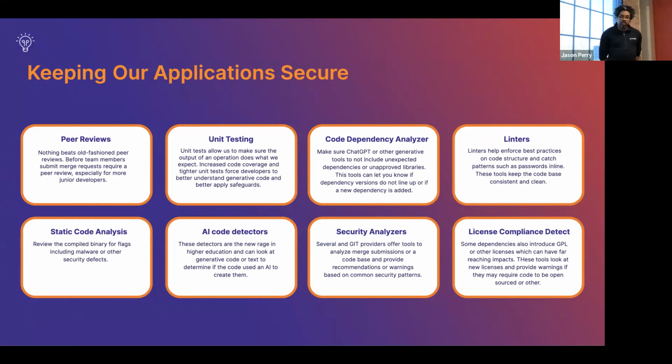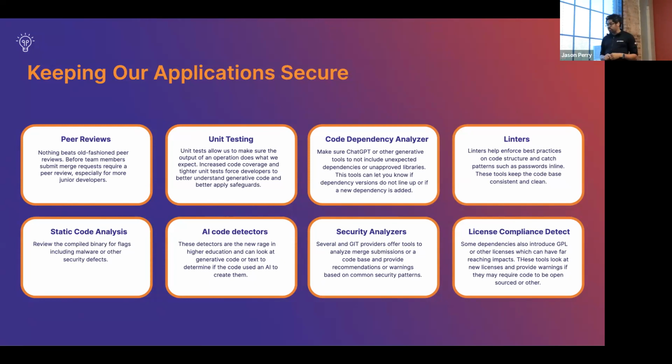Another thing that I find to be incredibly useful are a series of tools out there that are code dependency analyzers. For those who do JavaScript, this is a big deal. A lot of JavaScript projects will pull in tons of dependencies using NPM or other tools that are out there. When we're talking about those types of dependencies, what you want to make sure is that you're enforcing and using the same versions of those dependencies and libraries across the board.